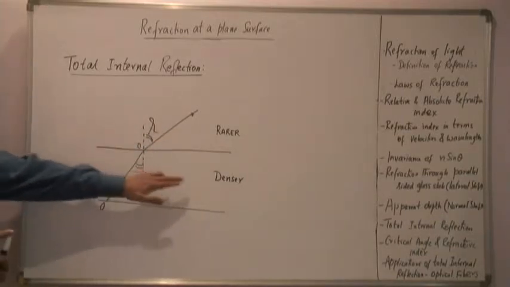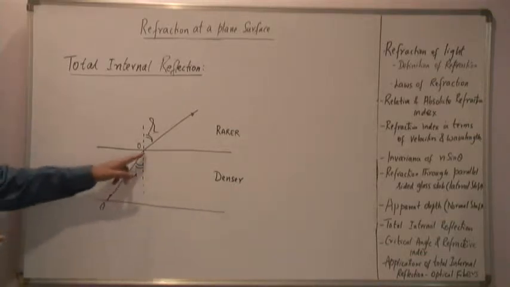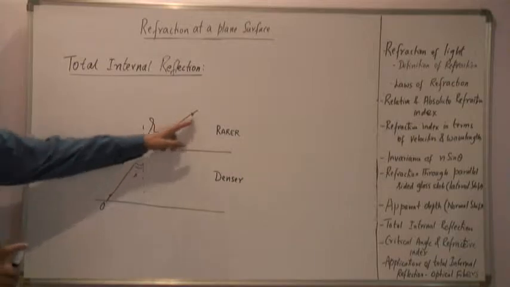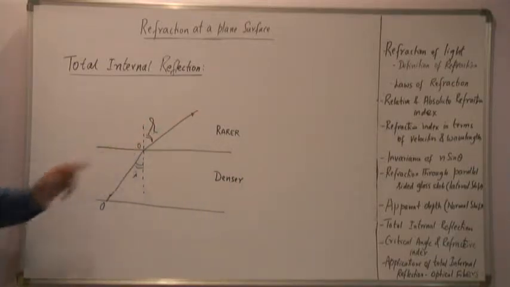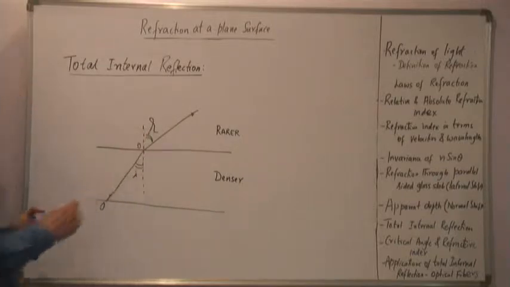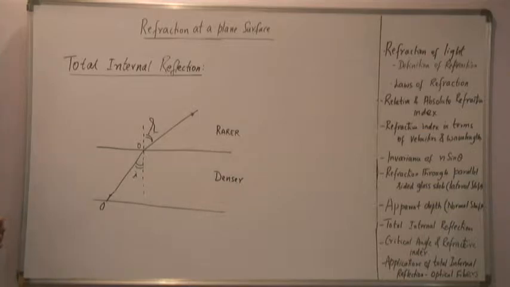So in this case, since the source of light is in the denser medium, this ray is moving away from the normal. That means R is greater than I when light travels from denser medium to rarer medium.